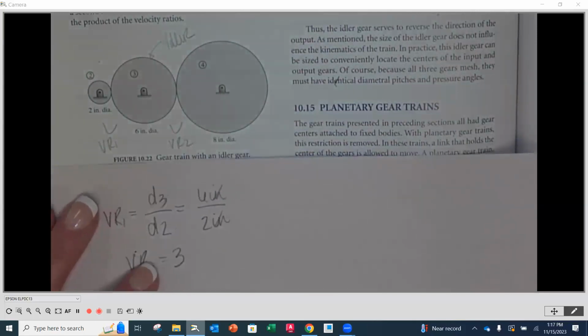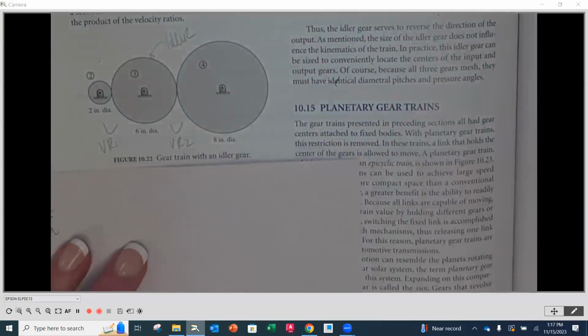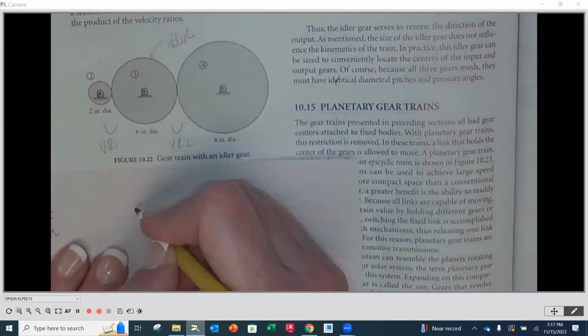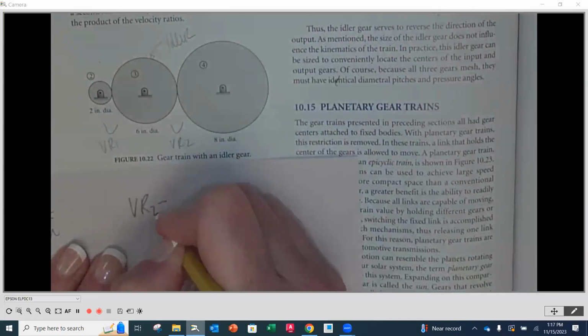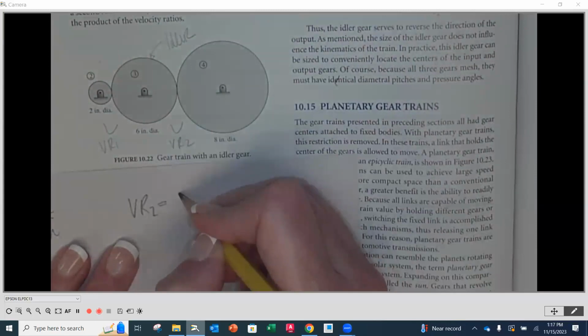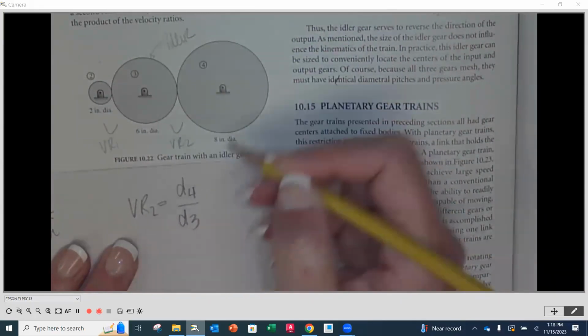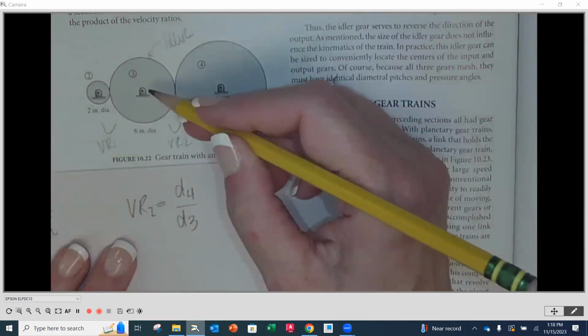Then the next, velocity ratio number 2 between these two, is going to be equal to the diameter of 4 divided by the diameter of 3, because 4 is the gear and 3 is the pinion in this case.